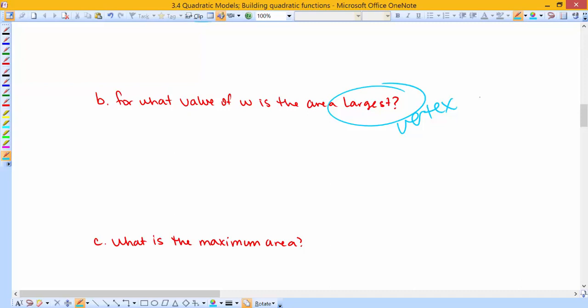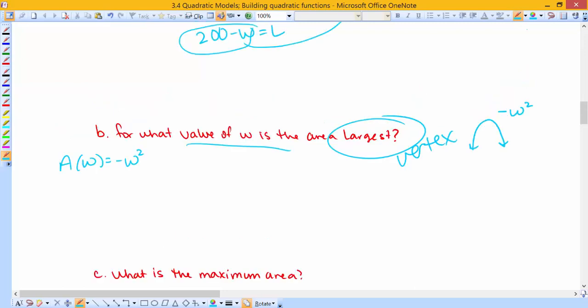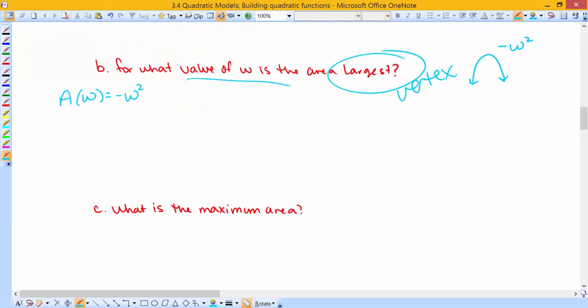Maximizing. It's a maximum because our parabola opens down because it's a negative W squared. So we are looking for the W. What is the value of W? Now if I'm looking at this, I have A of W equals negative W squared plus 200W.